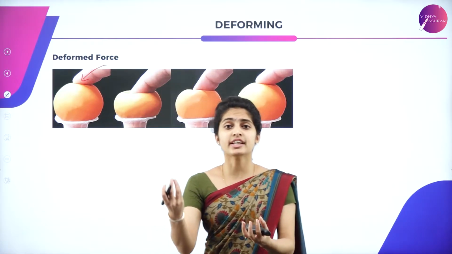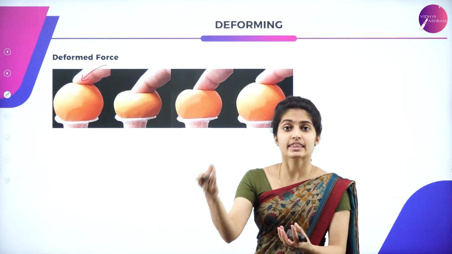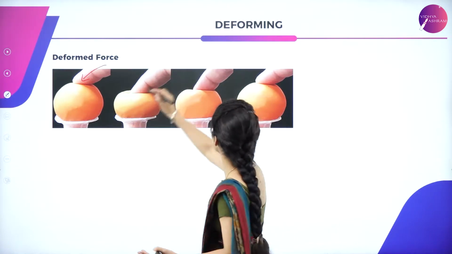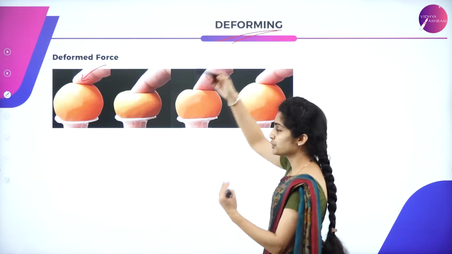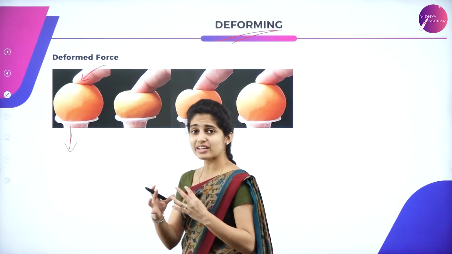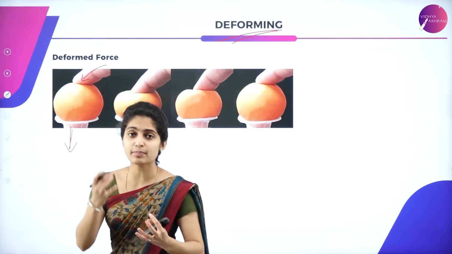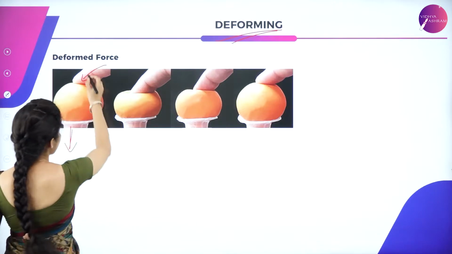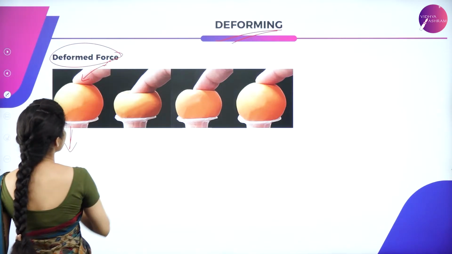So, whenever an external force is applied, that force, in order to deform the shape of an object, is said to be deforming. This procedure is known as deforming, wherein the solids are changing its shape due to the external applied force, that is deformed force. This is said to be a deformed force.